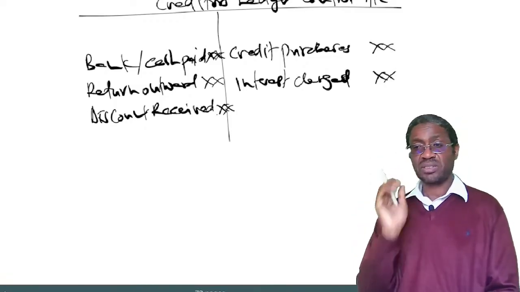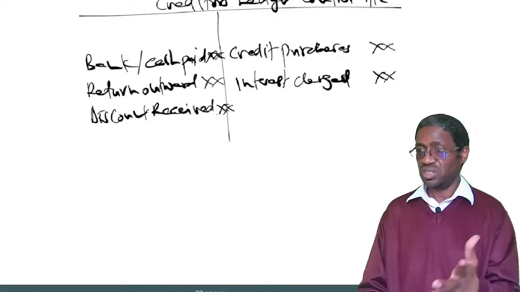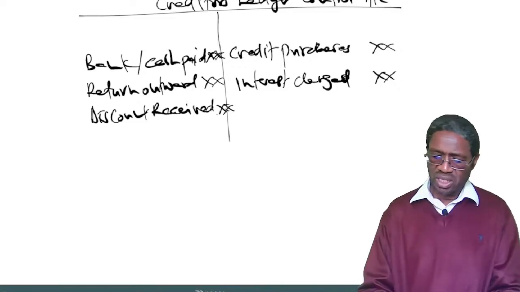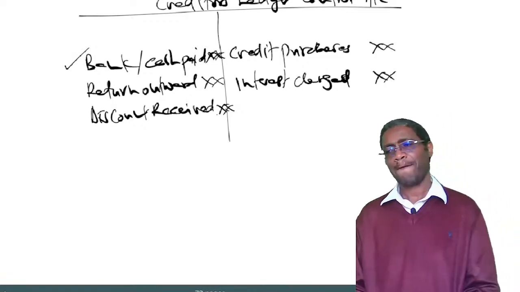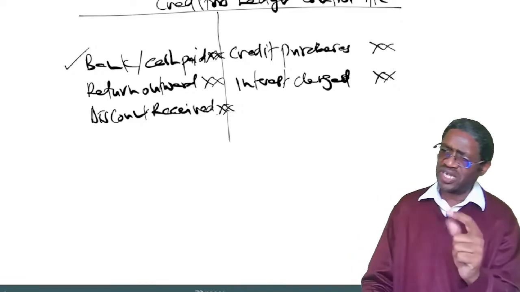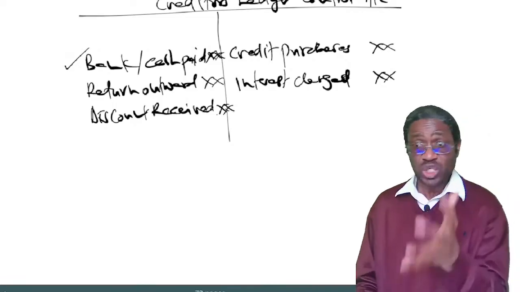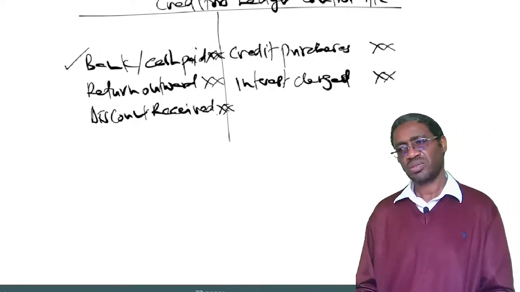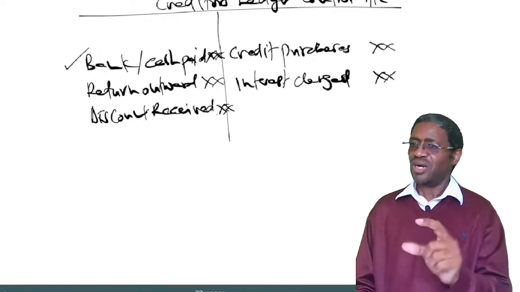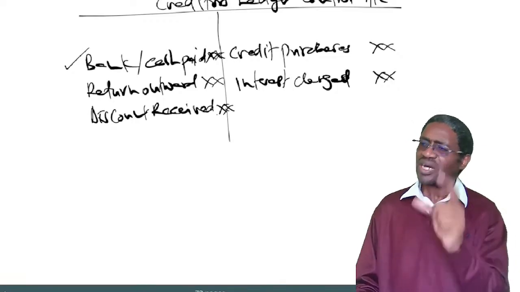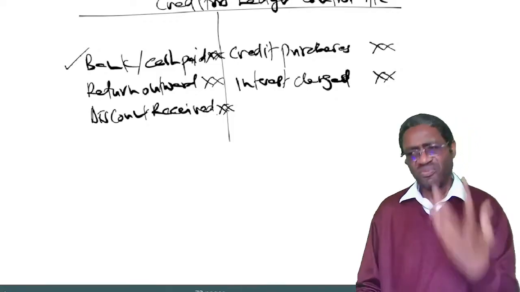You gave Kamau a check of 4,000. The moment you gave him that check, you debited Kamau's account. That's okay. But when Kamau took the check to the bank for payment, that check was dishonored. So have you actually paid Kamau? No. And therefore, when a check given to a creditor becomes dishonored, you have not paid him.